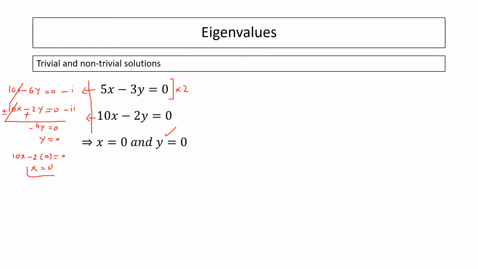So we call this the trivial solution, which is a unique solution for this system of linear equations, simultaneous equations.